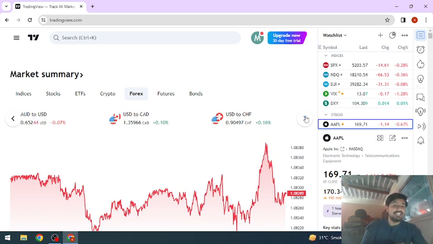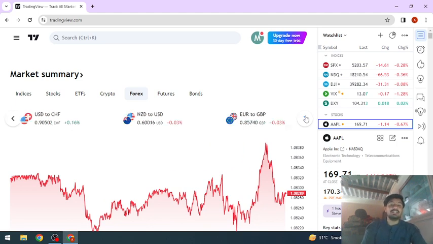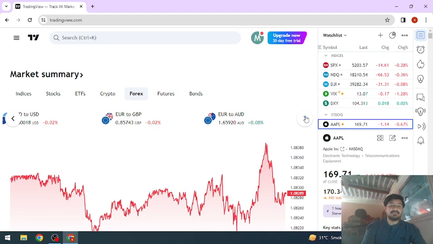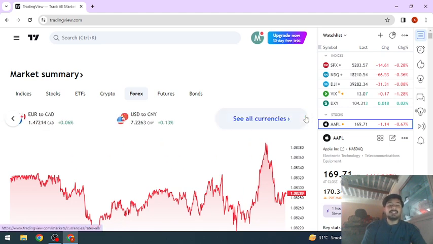You can purchase USD to Canadian dollar, USD to Swiss franc, and Australian dollars. So the currency pairs are basically traded against each other. So these are the currency pairs. You can see all currency pairs.